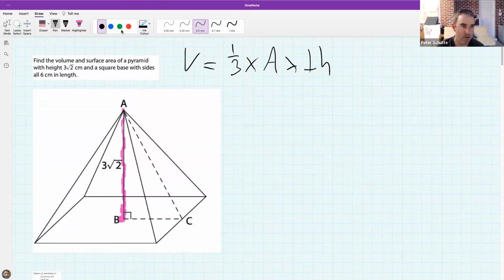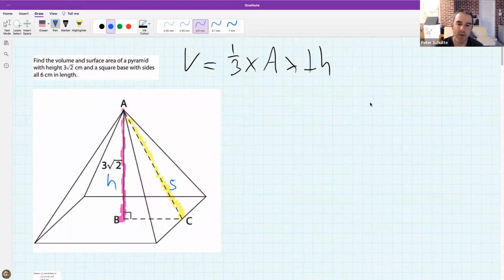However, there is also another height in a pyramid called the slant height, which is the height of the triangle on the outside. We refer to the slant height as S, and to this one over here as H. That's important going forward today.